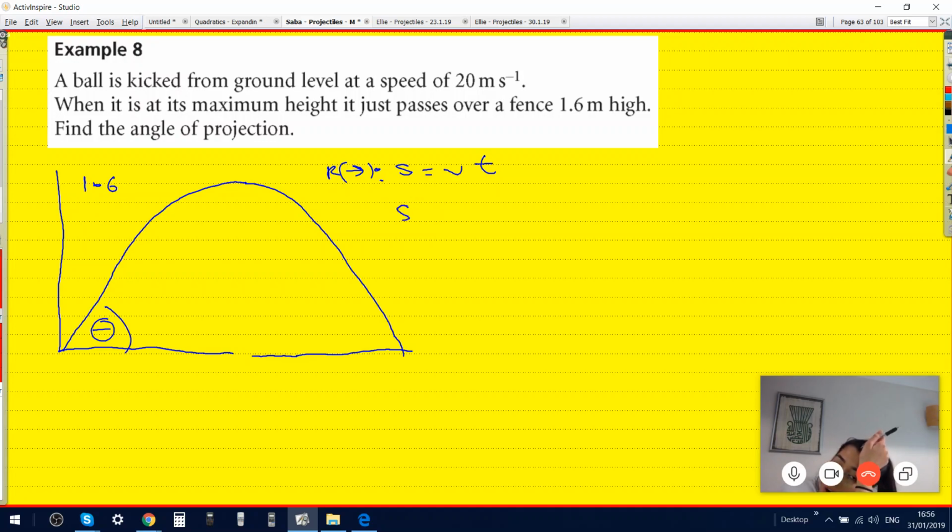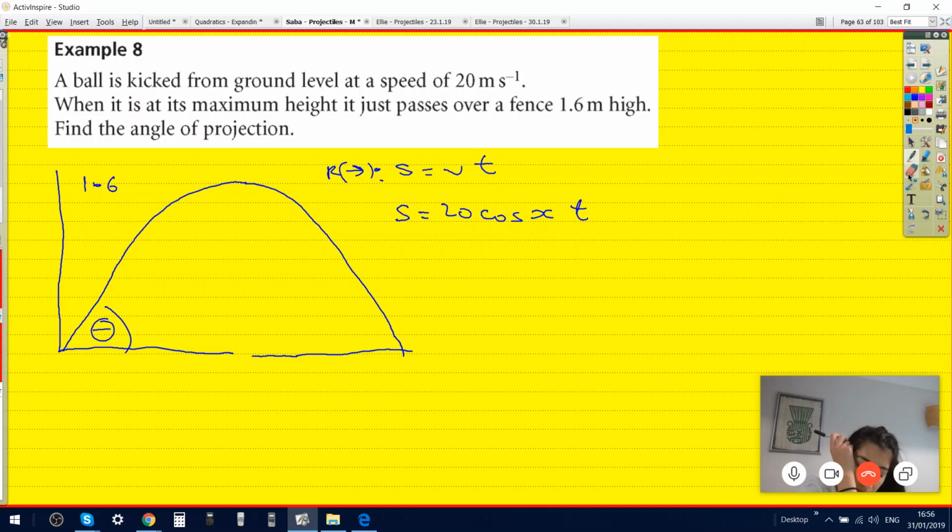So going that way, it's s equals v, where v is the initial horizontal velocity. What would that be? V is the horizontal component of the initial velocity? 20 cos x times t.